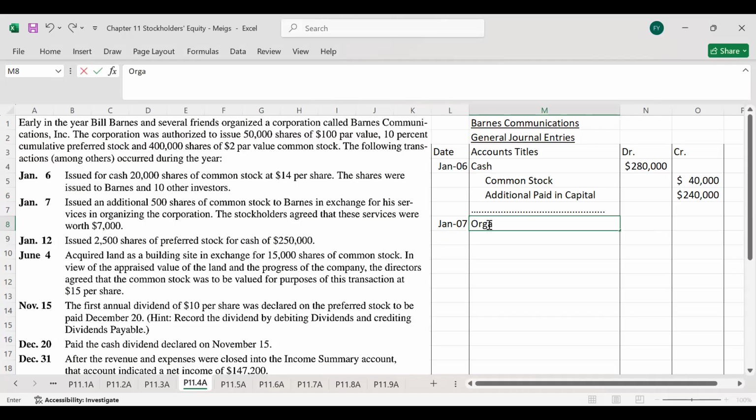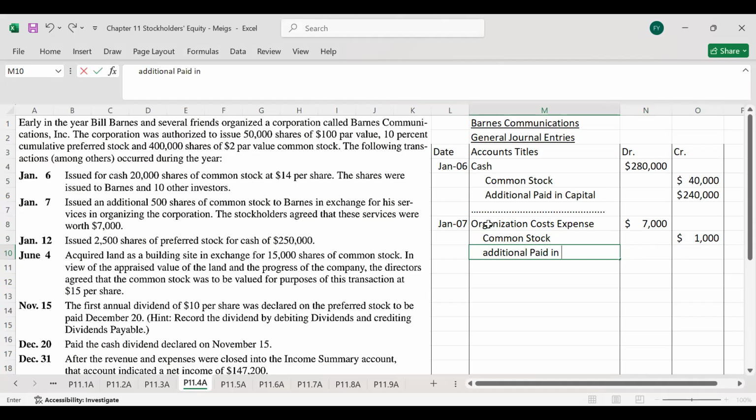So organization cost expenses, because these are expenses, are debited by $7,000. And then common stock: total 500 shares were issued with the par value of $2, and the remaining amount is additional paid in capital.